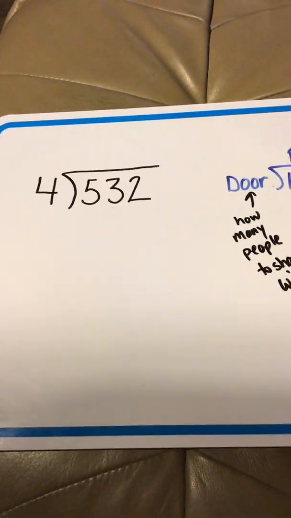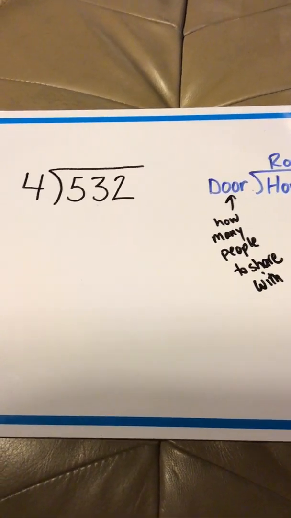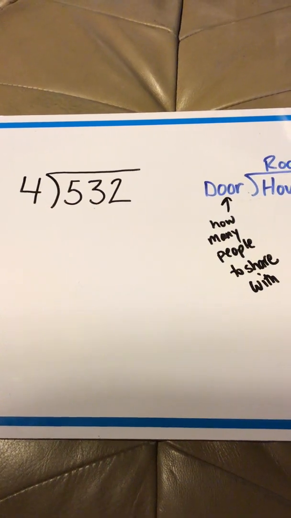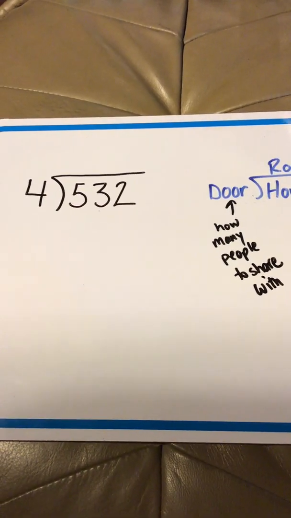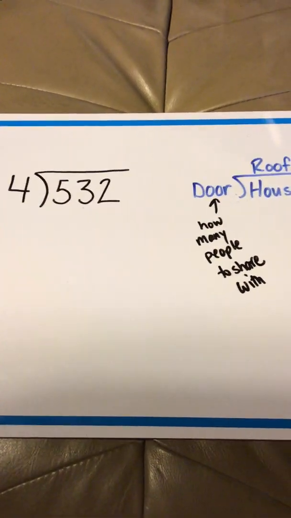Okay, and just remember, when we're reading division, it's a little bit different than how we usually read. We usually read left to right, which you might think would be something like 4 divided by 532. But that doesn't really make sense because you'd have to chop your 4 cookies into some very small pieces.